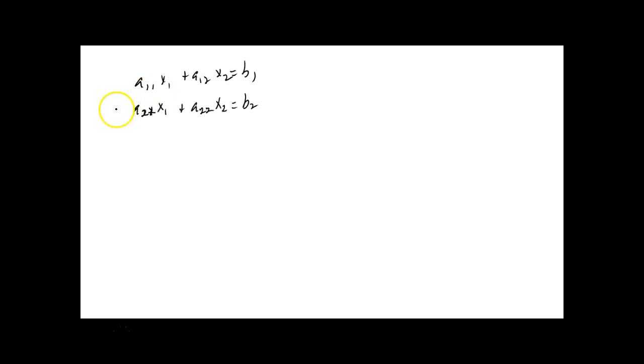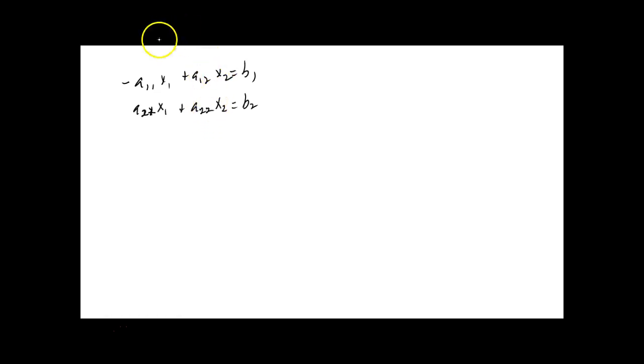Now, if you were doing this, typically the first thing you would do is eliminate a variable. I'm going to try to get the order right here. Let's solve for x1.